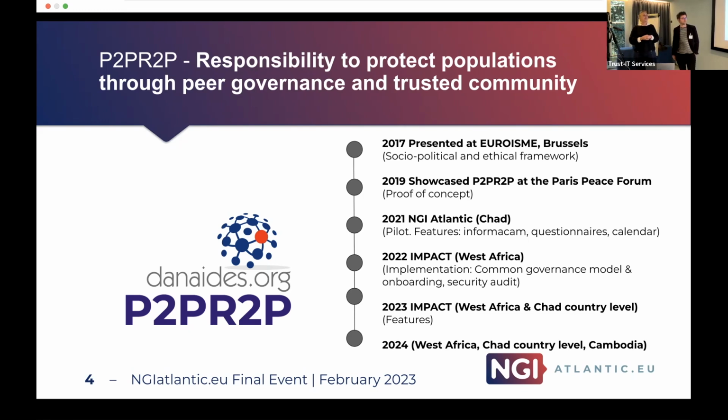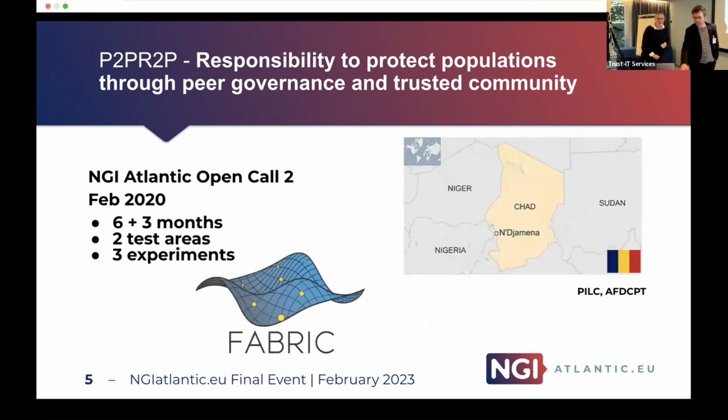In 2021, NGIatlantic helped us roll out a pilot with features. In 2022, we have our governance model in place, which is actually from the NGIatlantic project. And in 2023, we're still working on West Africa and we're going back to Chad. So that's basically where we are today.